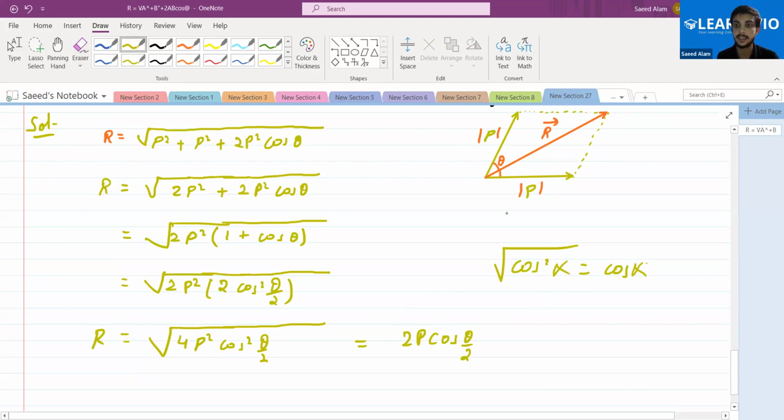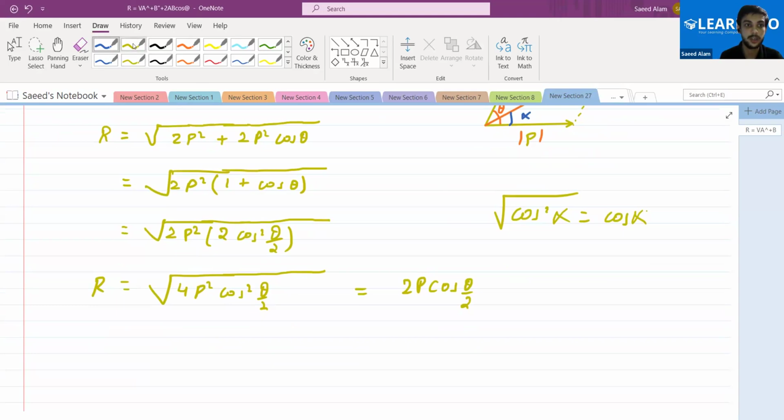Now the next thing that somebody can ask you is what angle this R will make with any of the P, with any of the vectors. So what somebody is actually asking is, what is this alpha? Yes or no? If somebody is asking about this alpha, can you find out the tan alpha?